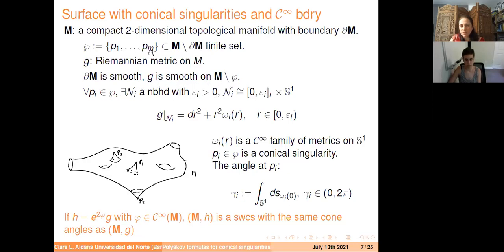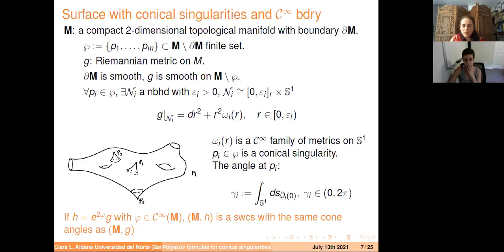These points are going to be the conical points, and each conical point has a neighborhood where the metric is the one of our generalized cone. We write it with omega_i(r), a smooth family of metrics on S1. Then we can also define the angle at the cone using this metric at 0 and integrating it on S1.